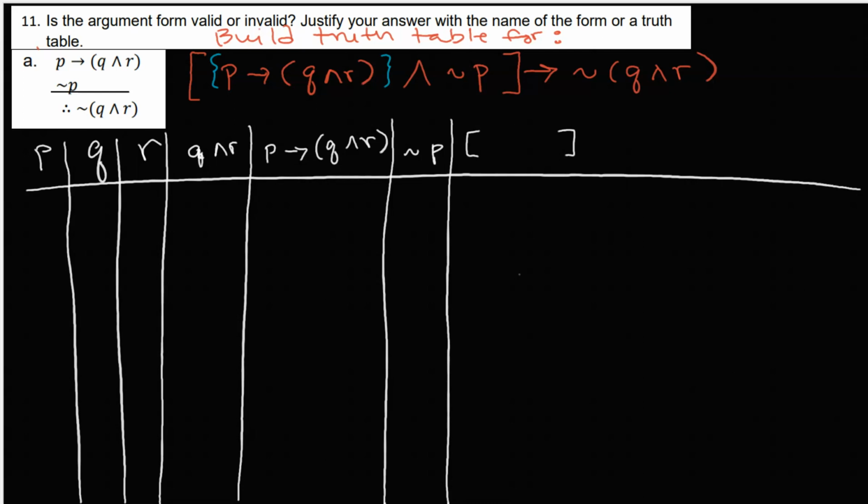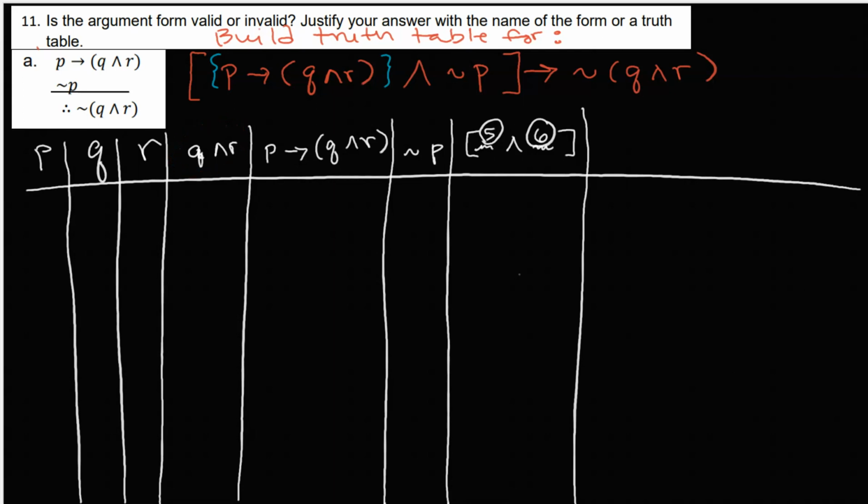Okay, I'm gonna shortcut that. And the thing is and, right? And then we are looking at column 1, 2, 3, 4, 5, column 5 and column 6. That's what I'm looking at. And then I would say not Q and R. We already have Q and R right here.